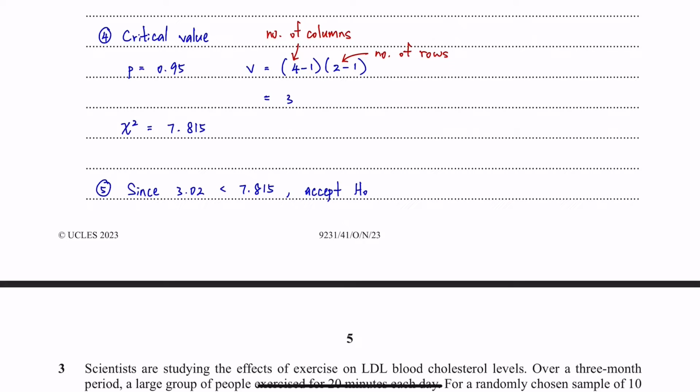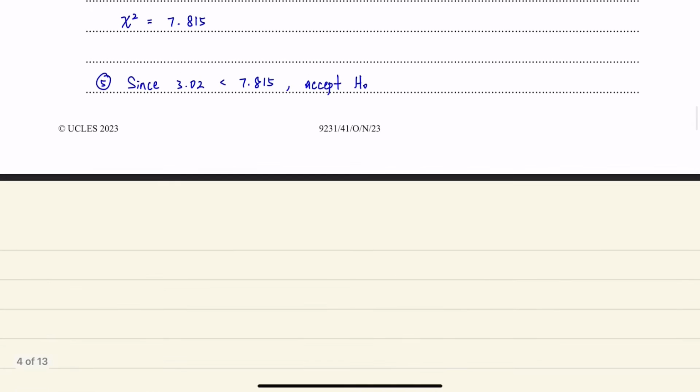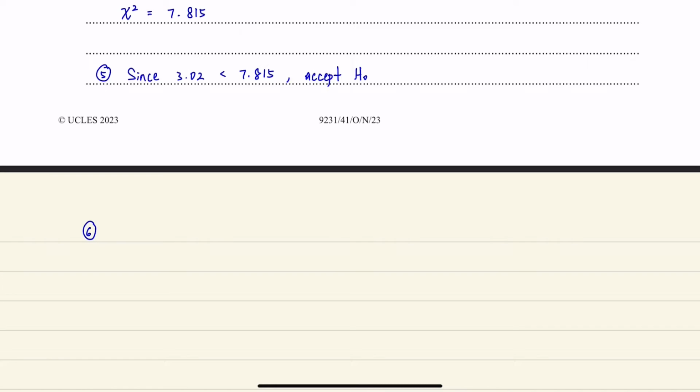If the test statistic is more than the critical value, we would reject H naught. Alright? So let's add another page. I'm running out of space. So the sixth step, which is our last step, we would have our conclusion.